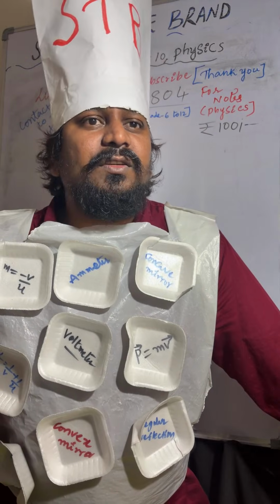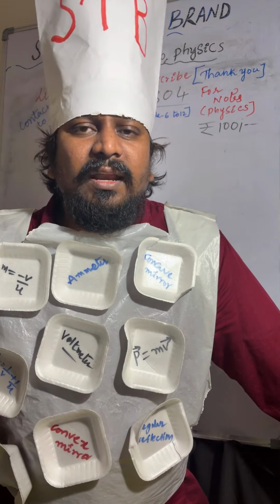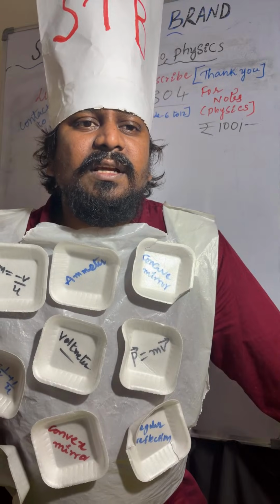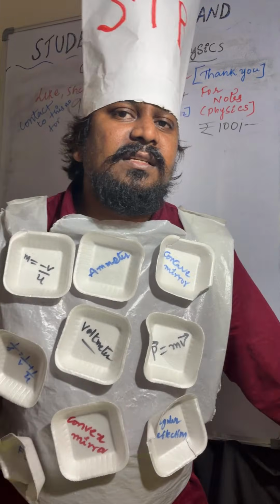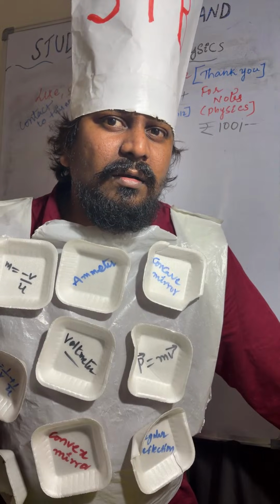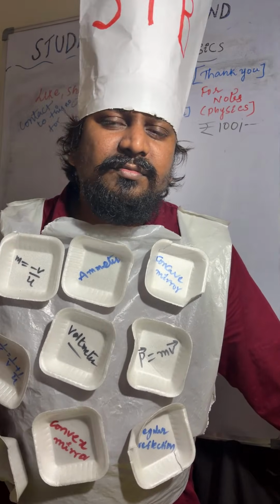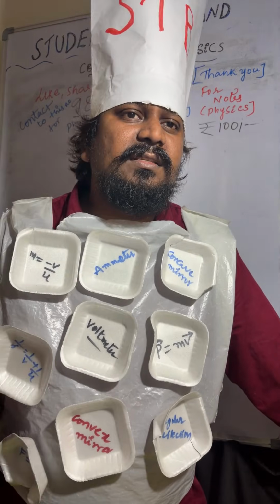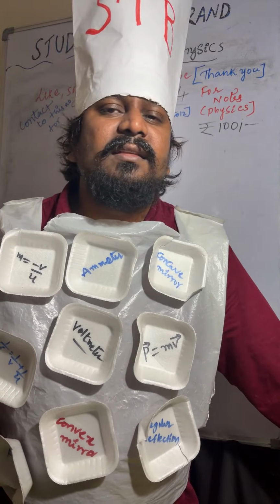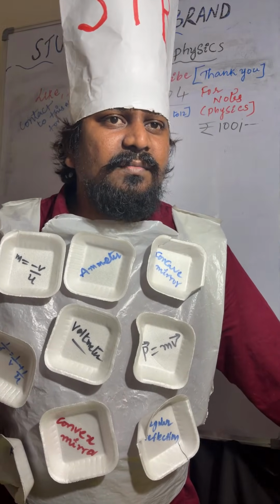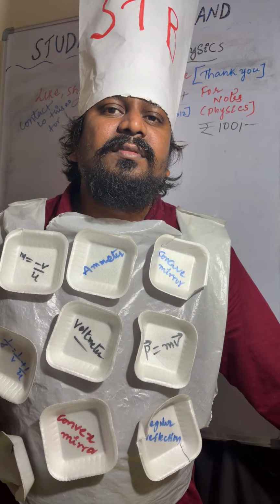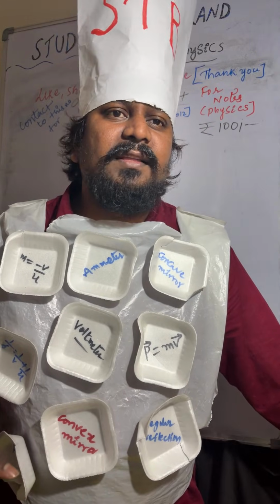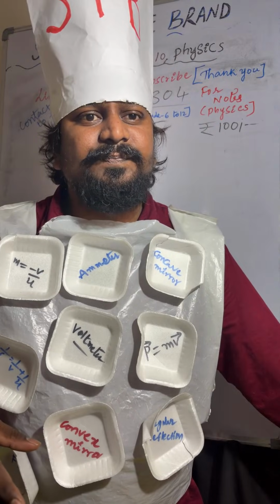After that, refraction through a glass slab, lateral shift, vertical shift, and lenses, ray rules of lenses and image formation by lenses. After that, power of lens. All these points we'll discuss.